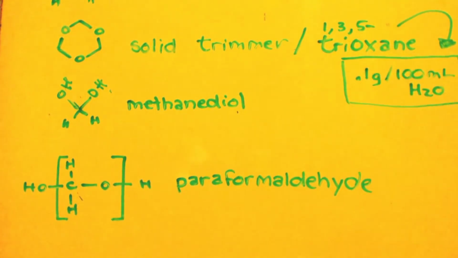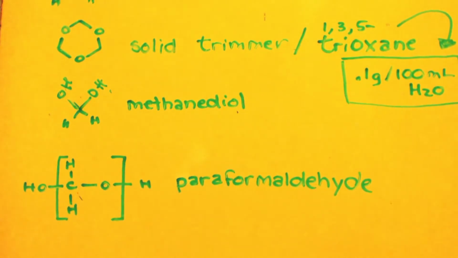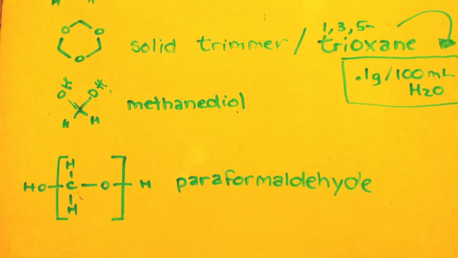This stuff won't turn into a liquid, but it will sublime, leaving everything behind that's crap. Only your stuff will sublime and you can distill it over. I've seen a guy do this on a video. If somebody wants to watch that video, just ask me about it in the post, and I'll give you the link to that video where he distills his trioxane and gets pure trioxane.